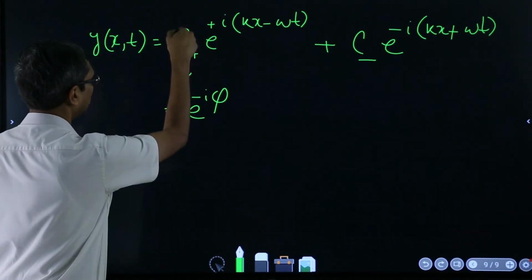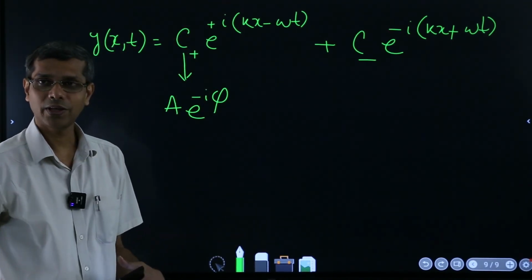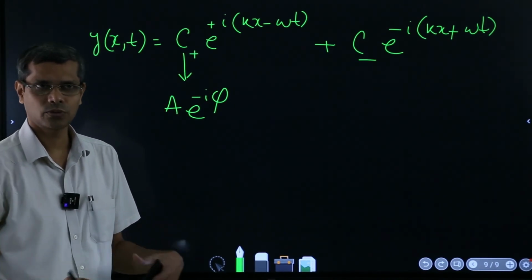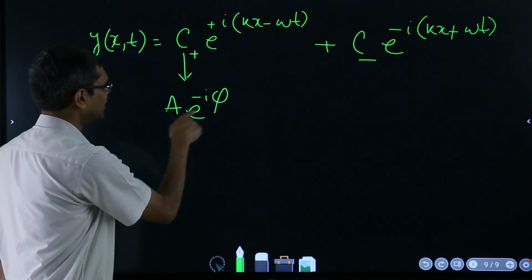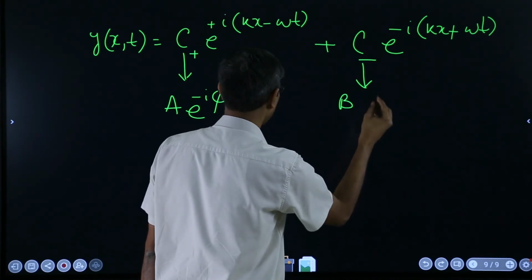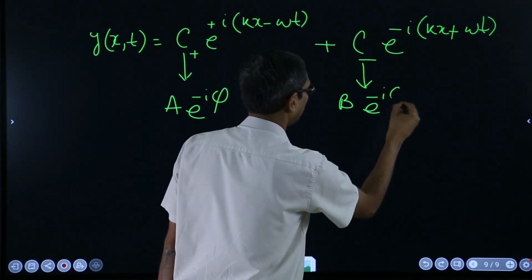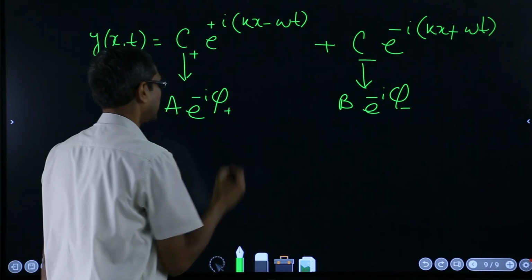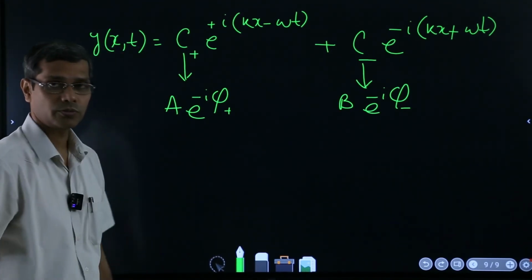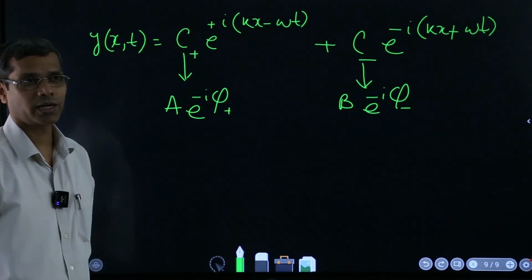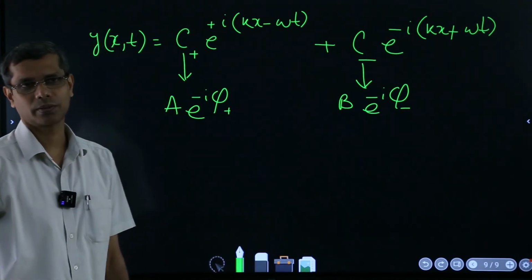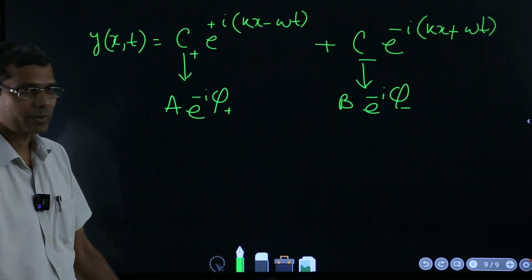Because these are complex numbers, they will have their own amplitude and phase information. So either you write them as real and imaginary, or amplitude and phase. And similarly here it will be, say, B e raised to minus i phi. Because you have two boundary conditions now, you have four pieces of information which are now arbitrary.